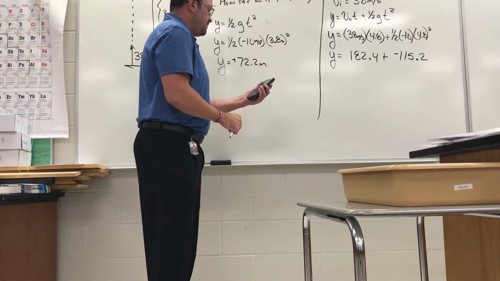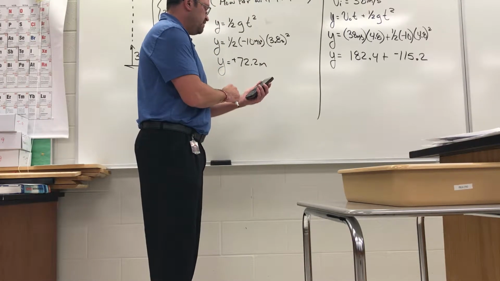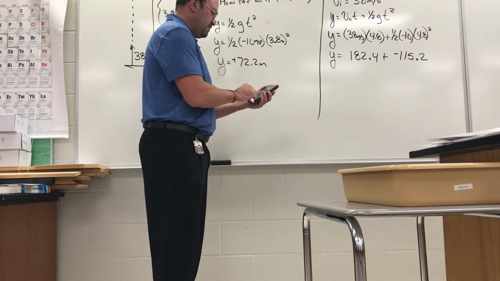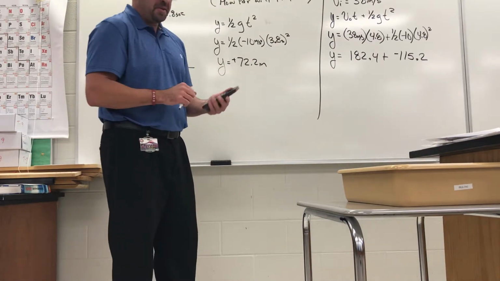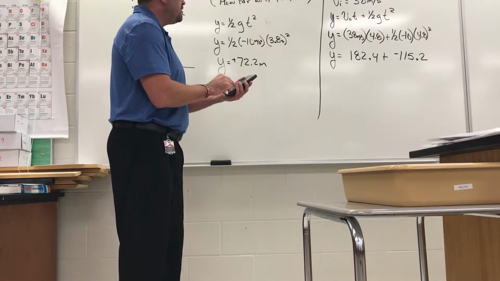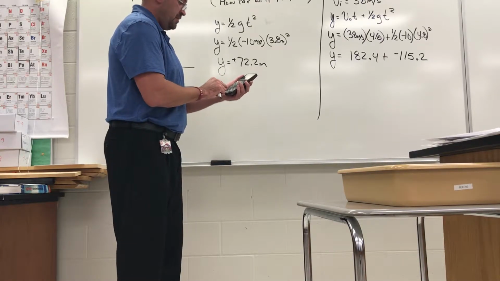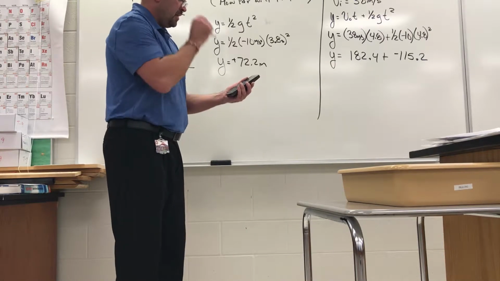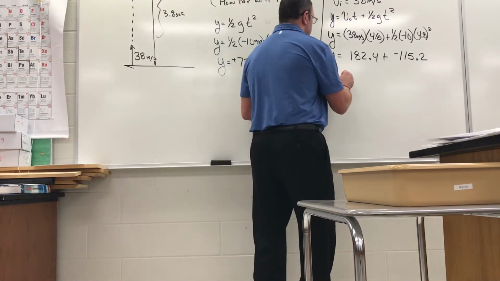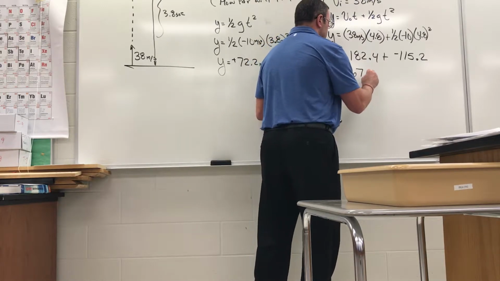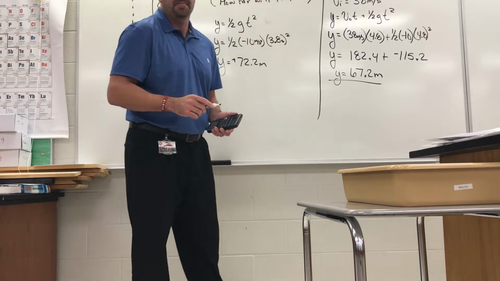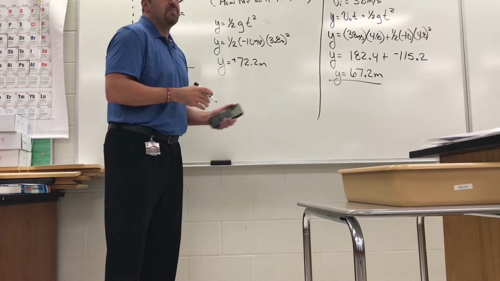I'm going to double check that. Nope, those are good. Sorry about that. And I'm going to take 182.4 minus 115.2, and I get 67.2. There's the first way to solve that.